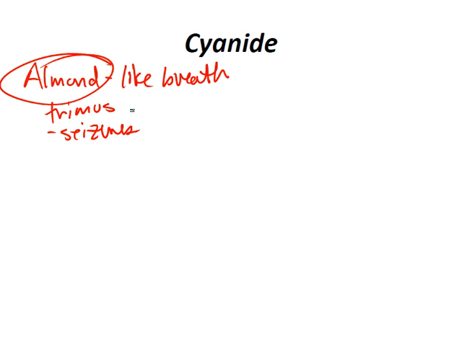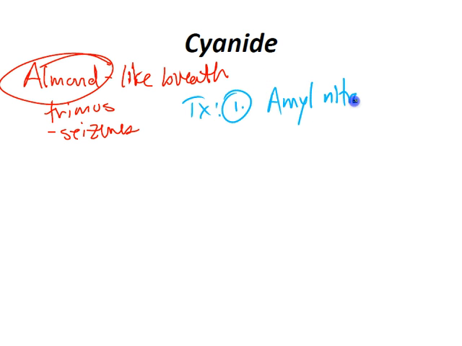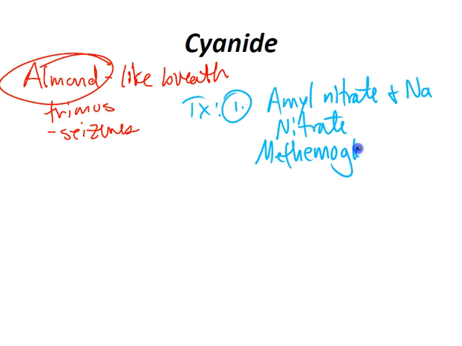So the number one antidote: you give amyl nitrite and sodium nitrite. This combination causes oxidation of hemoglobin and intentional formation of what? Methemoglobin.